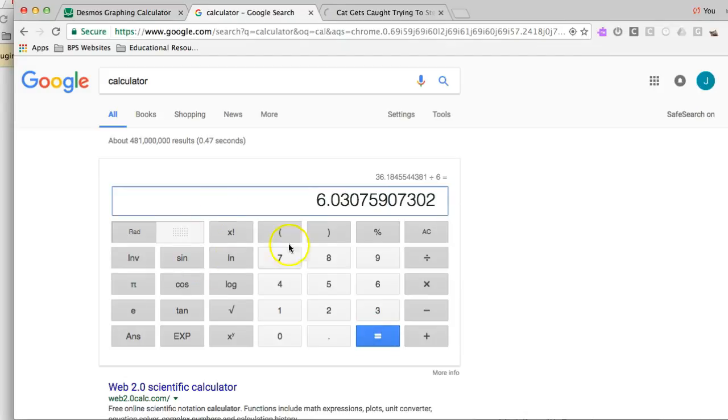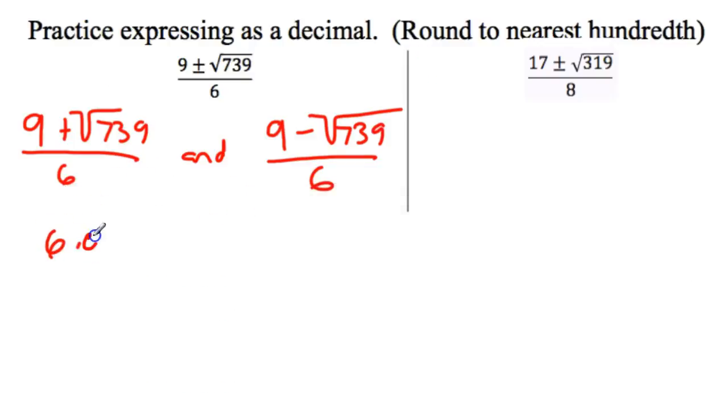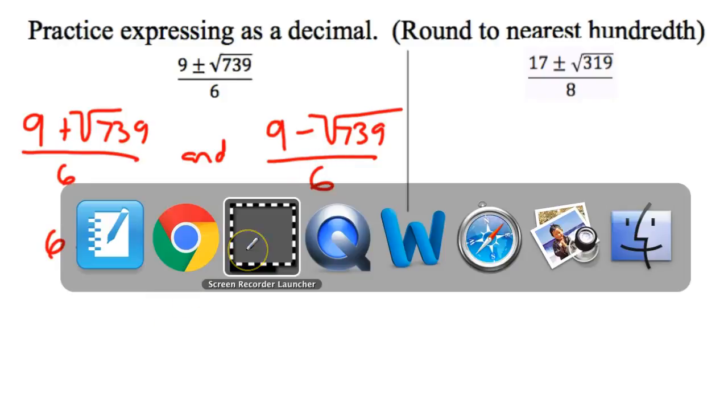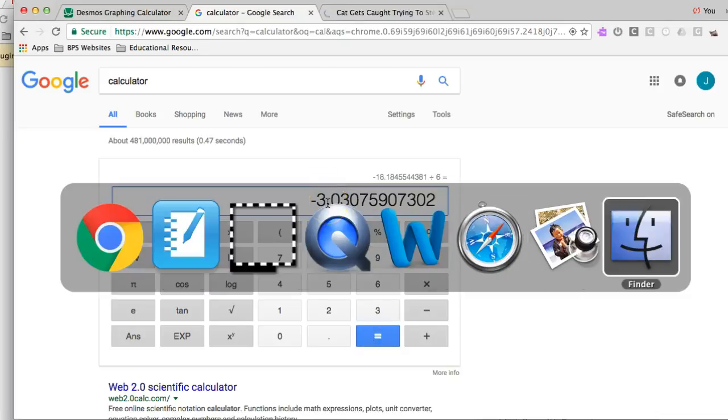6.03. Round to the hundredths, there's 2 decimal points, so right there. All right, that was 6.03. And let me try this one. 9 minus square root 739 equals, and then I divide by 6, negative 3.03.